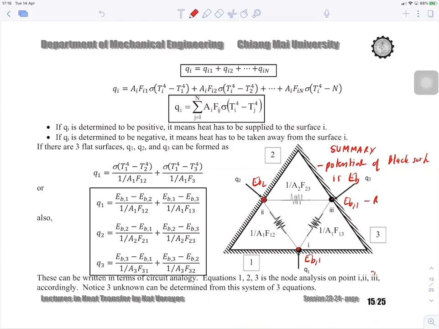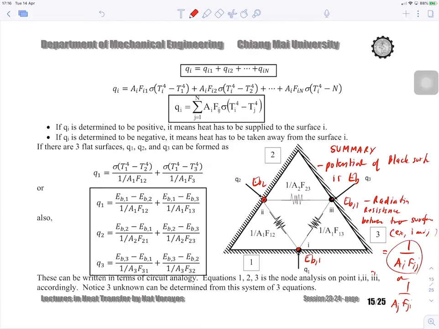And next, radiation resistance between two surfaces. For example, I and J is going to be equal to 1 over AiFij, or it can be equal to 1 over AjFji.